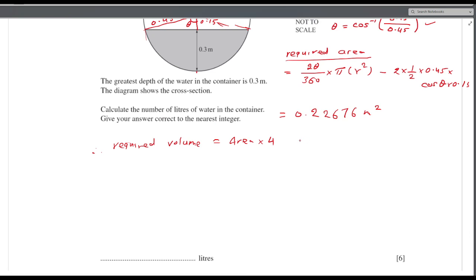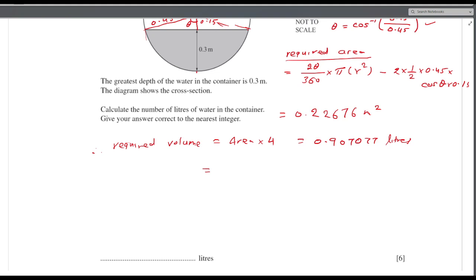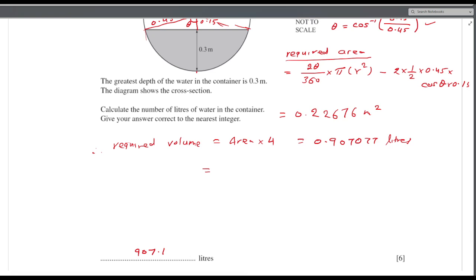So the volume is 0.907077 meter cube, which is equals to, now to convert meter cube into liter we multiply by 1000. So the answer will be 907.07, that is 907.1 liters.